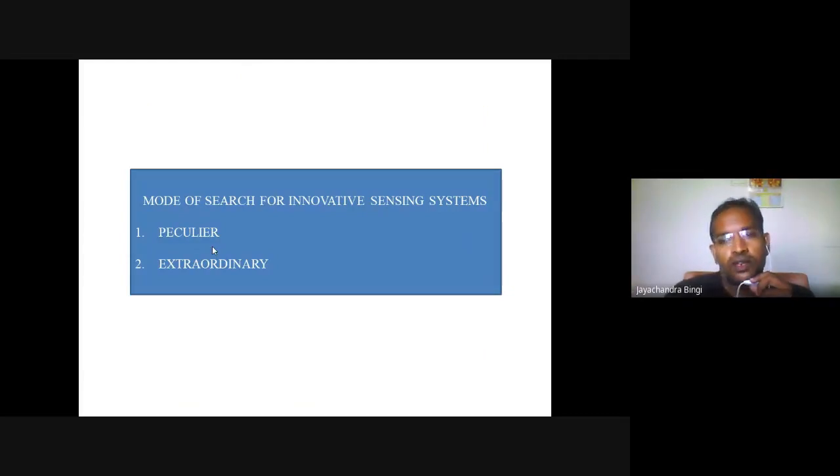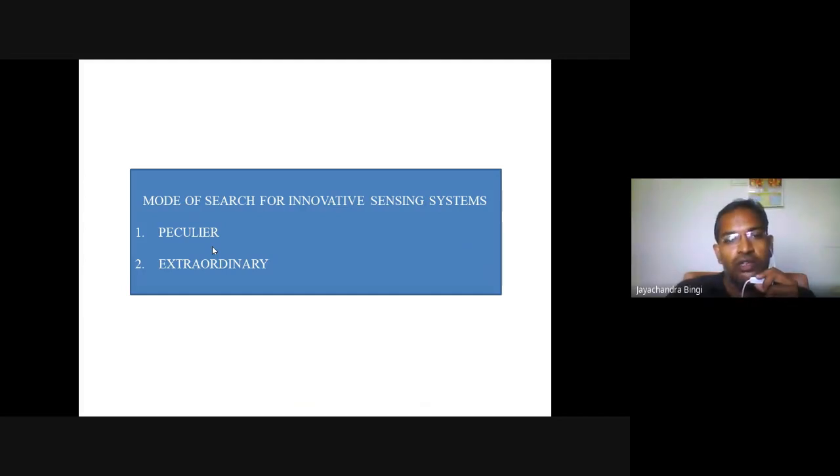So for good sensing systems in your research, if you want to search on them, you can search for peculiar and extraordinary. Two different kinds of sensing systems. Why are you calling it peculiar? Because you know only this vision.